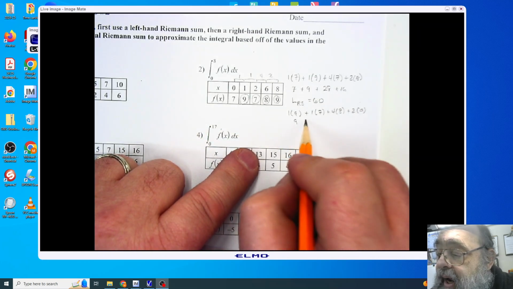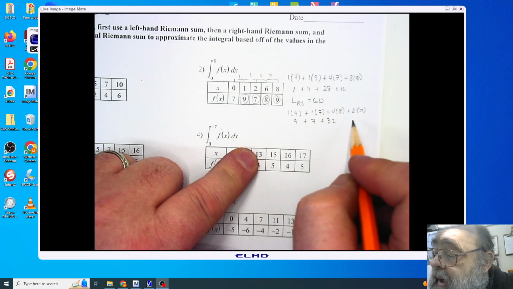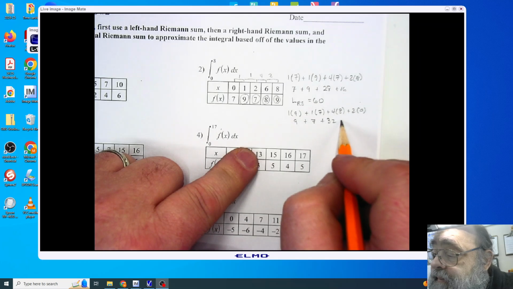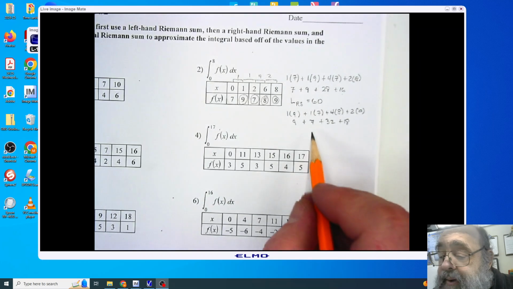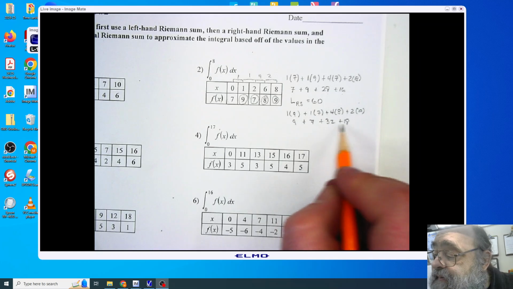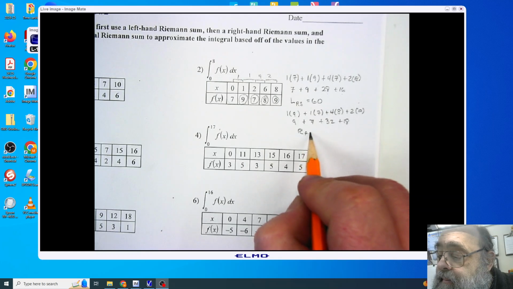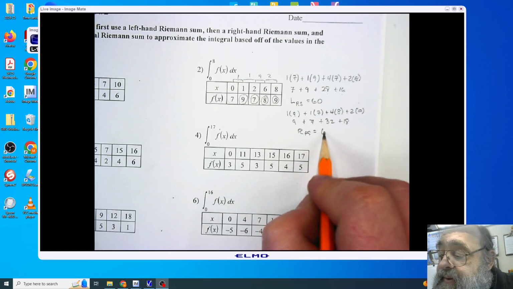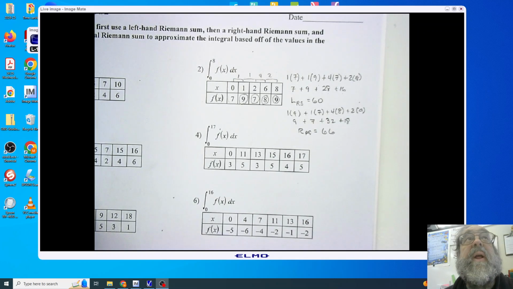This gives me 9 plus 7 plus 32, and then I have 18. We're now going to add these all together, and you'll notice we have 16 here. 16 plus 50 is going to give me a right Riemann sum, which is 66.